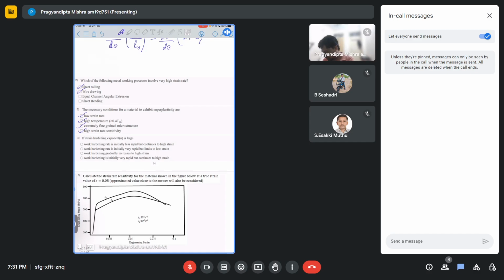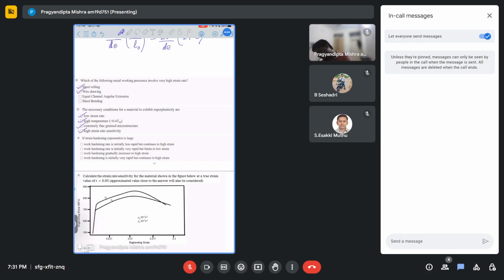Next question is again another conceptual question. If strain hardening exponent is large, okay, n, not m. We are not talking about m, the strain rate sensitivity parameter. We're talking about strain hardening exponent. If that is large, then we can say work hardening rate is initially less rapid but continues to high strain.